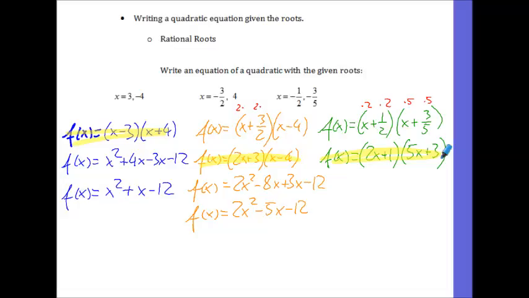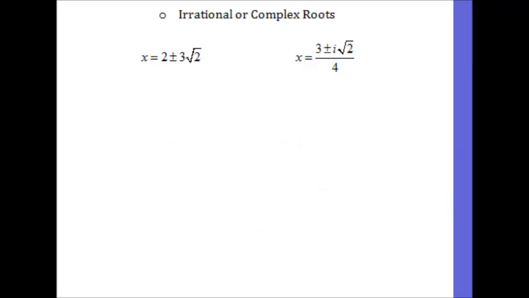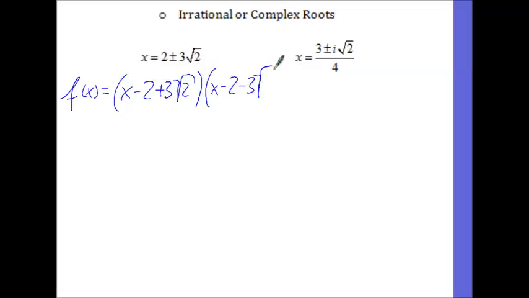All right, then let's look at cases where we have irrational or complex roots. Well, we could write our function by creating factors and multiplying them out. Since the 2 is positive, it would be x minus 2 plus 3 times the square root of 2 times x minus 2 minus 3 times the square root of 2.